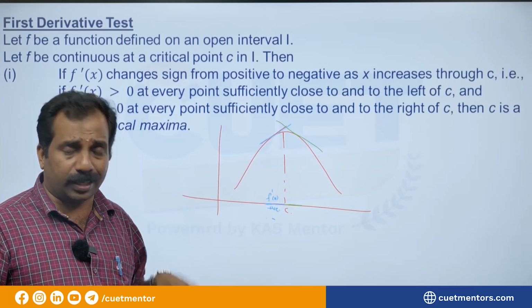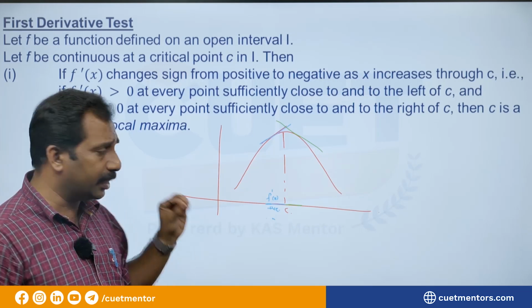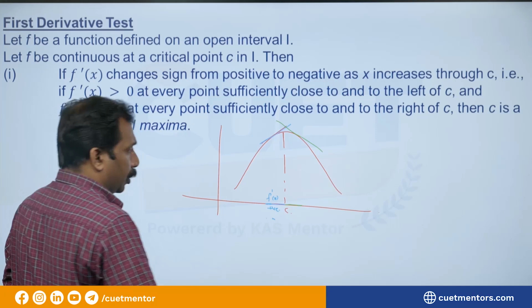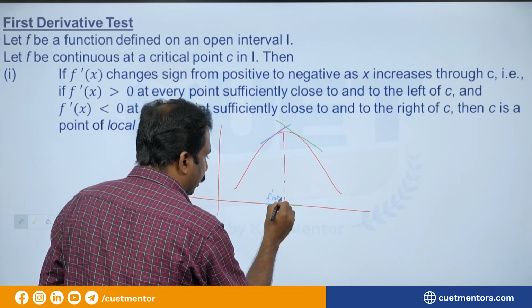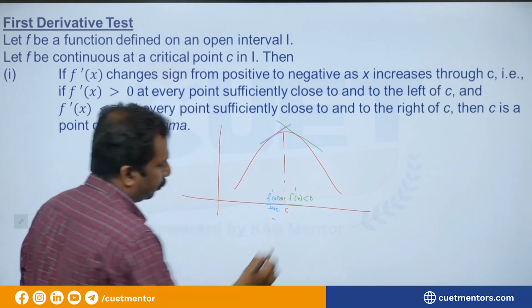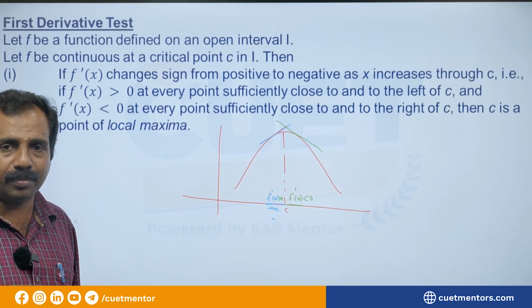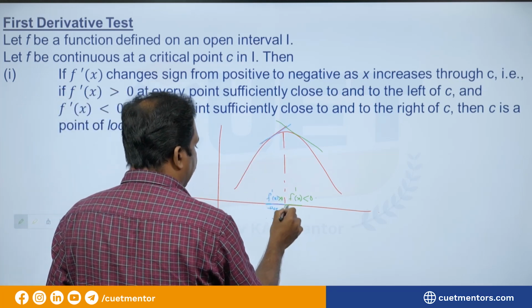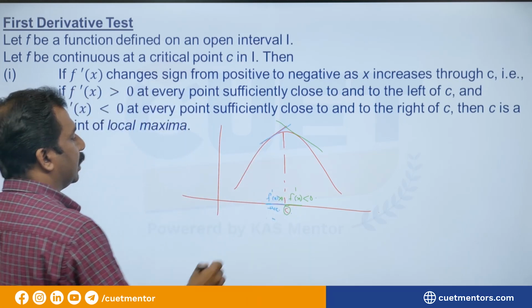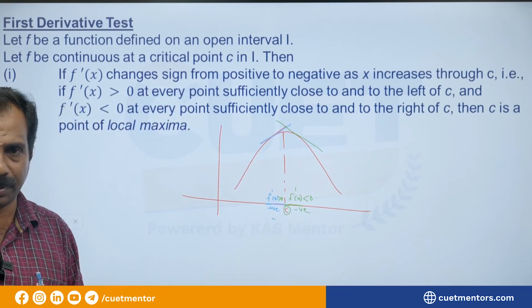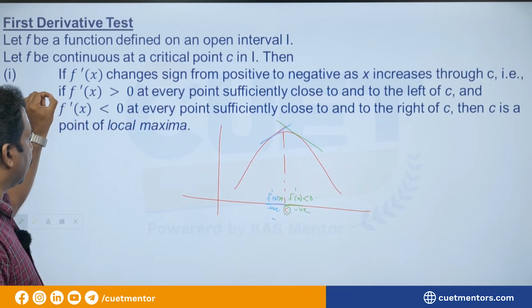So the first derivative is negative, which means the slope of the tangent is negative here. So f dash x here is greater than 0, but here f dash x is less than 0. Then we can say that the point C is called a point of local maximum.